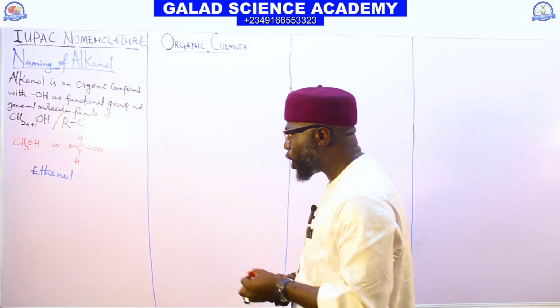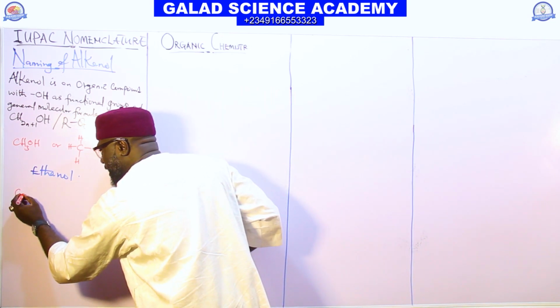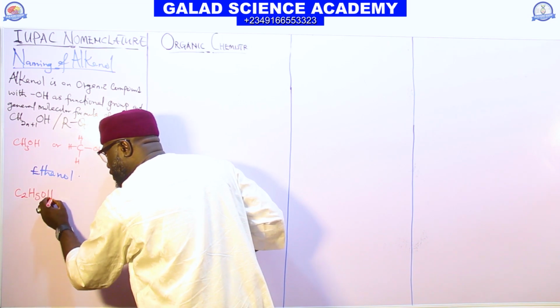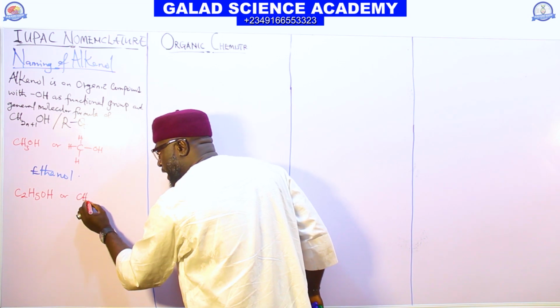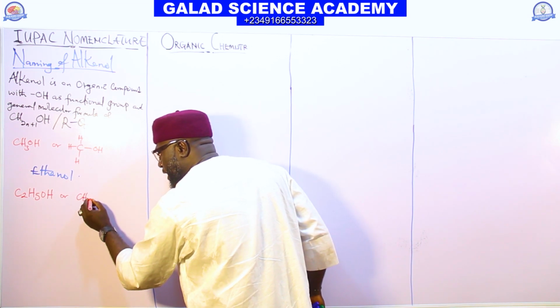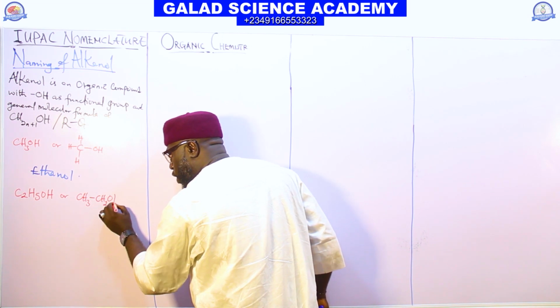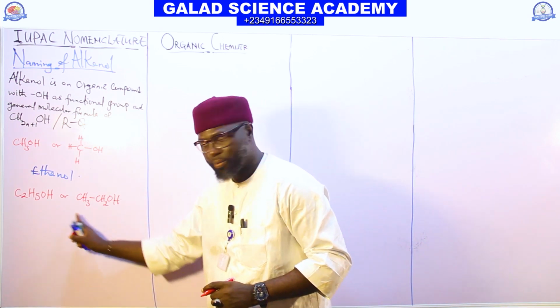But in case we have a compound which has C2H5OH, we can draw it in this form: CH3CH2OH. This is condensed formula.